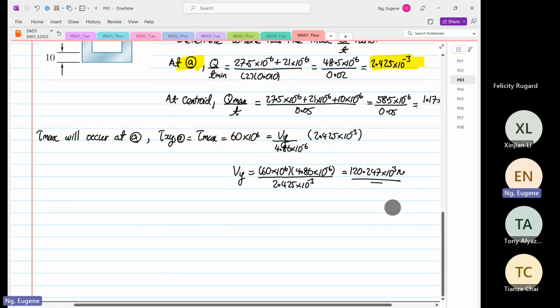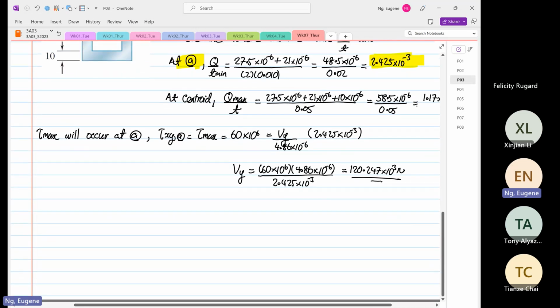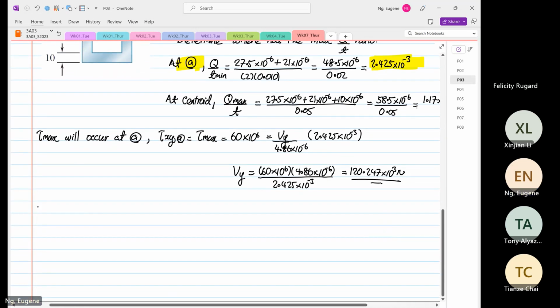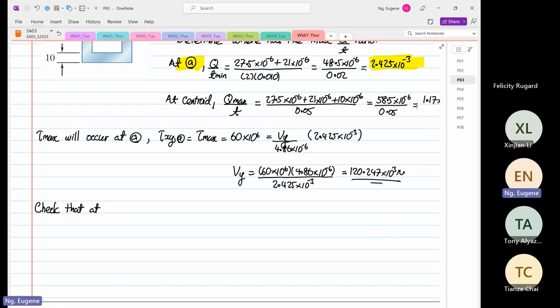So we are going to check. Okay, so you have to show a check. So check that at the centroid, the shear stress XY at the centroid must be less than 60 times 10 to the power 6 Pascal. Okay, you have to check.